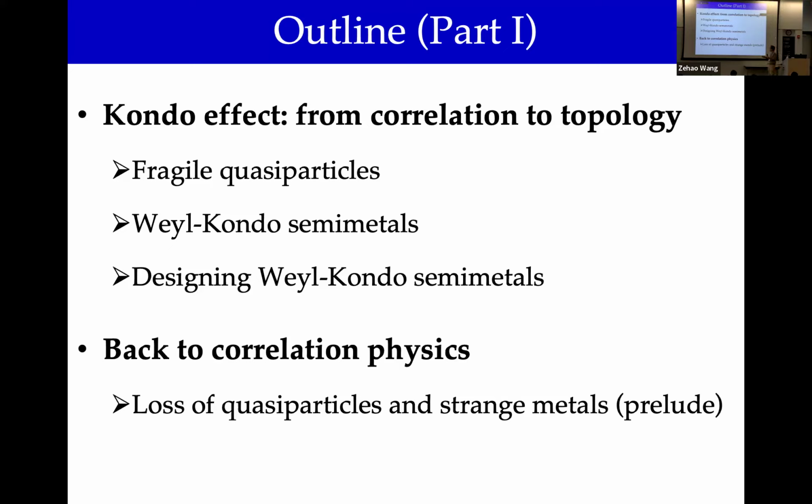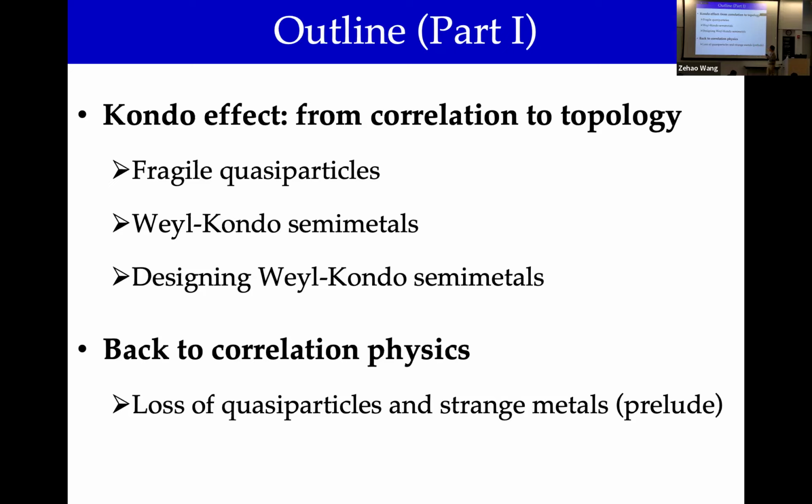And now, as I promised, this part still uses quasi-particles. They are very fragile, but the quasi-particle weight Z is still non-zero. But now we want to move on to the case when the quasi-particles are lost. So I'm going to go back to the correlation physics of the study of lost quasi-particles, including some consequences such as strange metallicity.